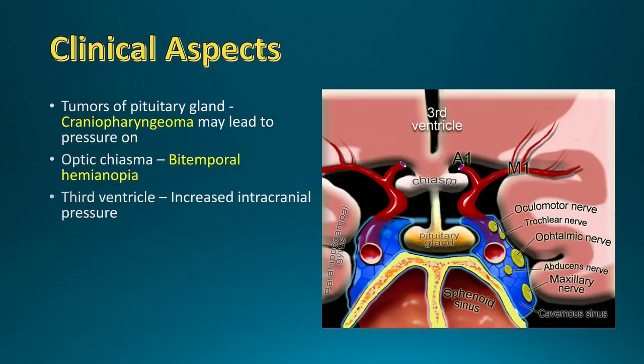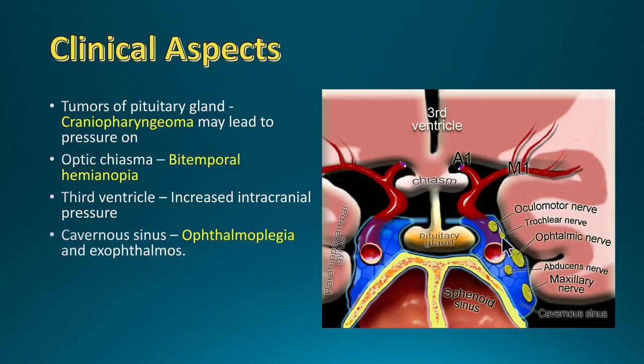Then it can put pressure over the third ventricle and thereby lead to increased intracranial pressure, so CSF is not drained properly. That is one of the reasons. Then ophthalmoplegia, paralysis of the muscles of the eyeball, because the third, fourth and sixth nerves might all get involved if the tumor bulges laterally and puts pressure on the cavernous sinus.